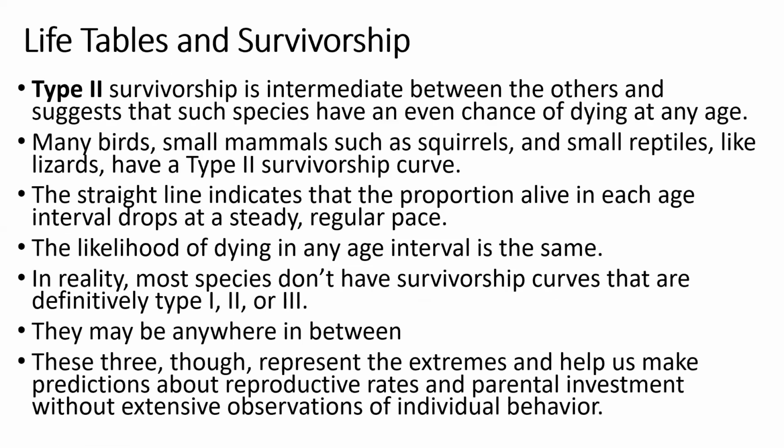We talked about type 1, like human beings, and type 3, like the fishes and the frogs. Type 2 is the intermediate between the others and suggests that such species have an even chance of dying at any age. Many birds, small mammals such as squirrels, and small reptiles like lizards have a type 2 survivorship curve.